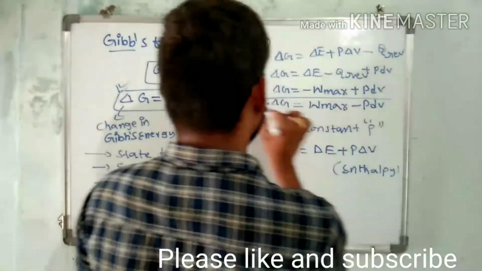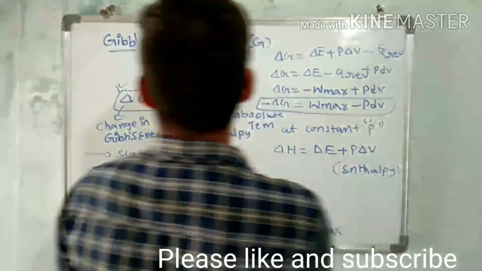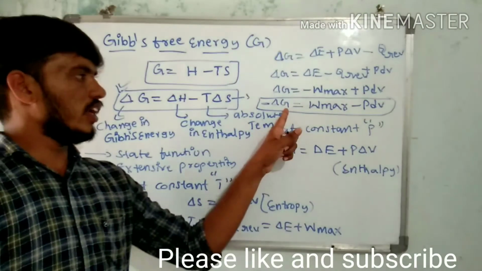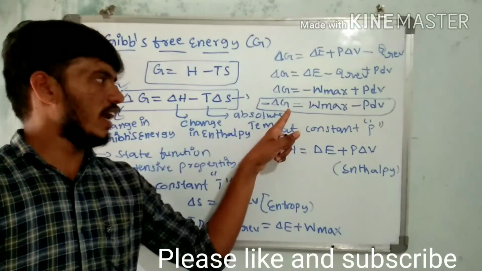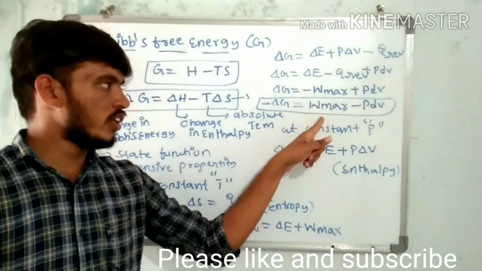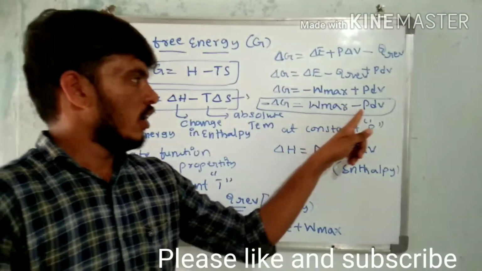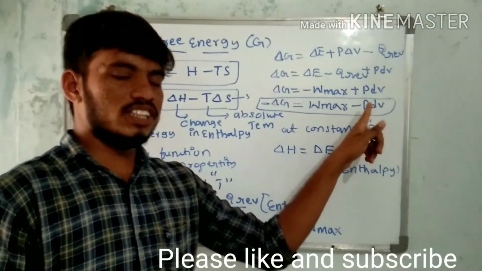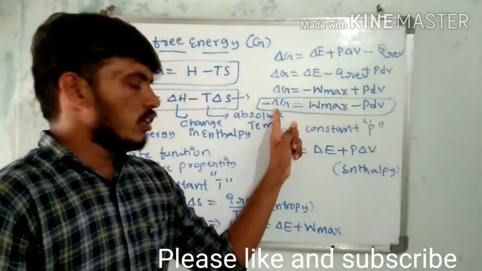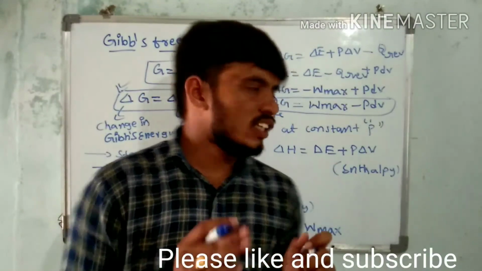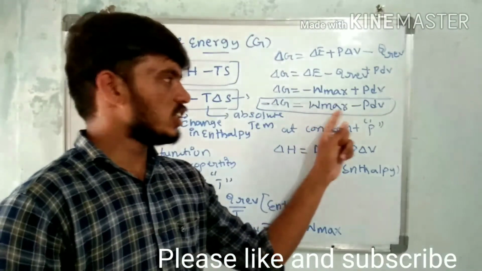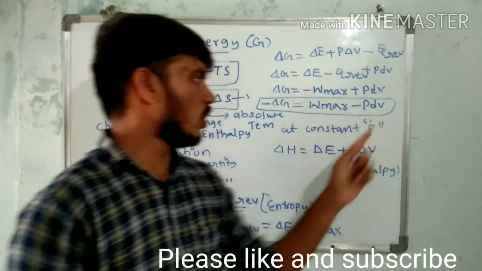This expression is present in the Gibbs free energy. The decrease of Gibbs free energy is equal to the maximum work minus expansion work.